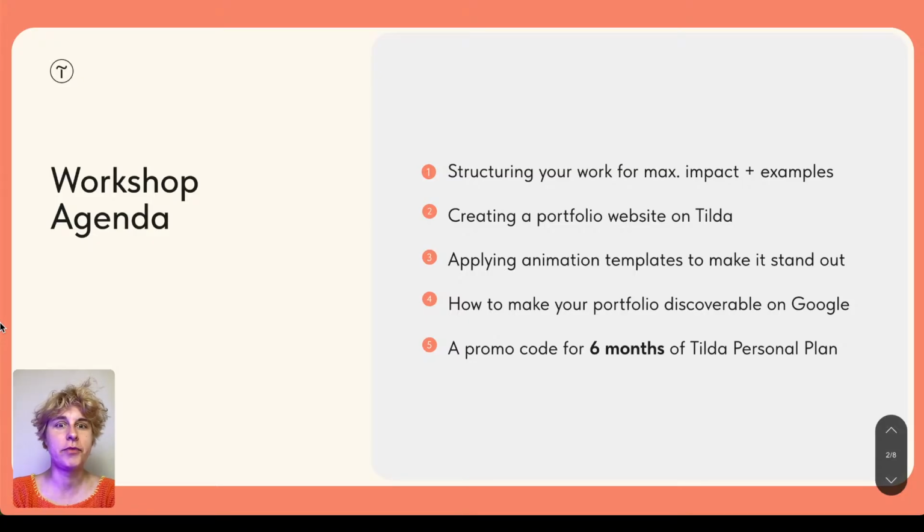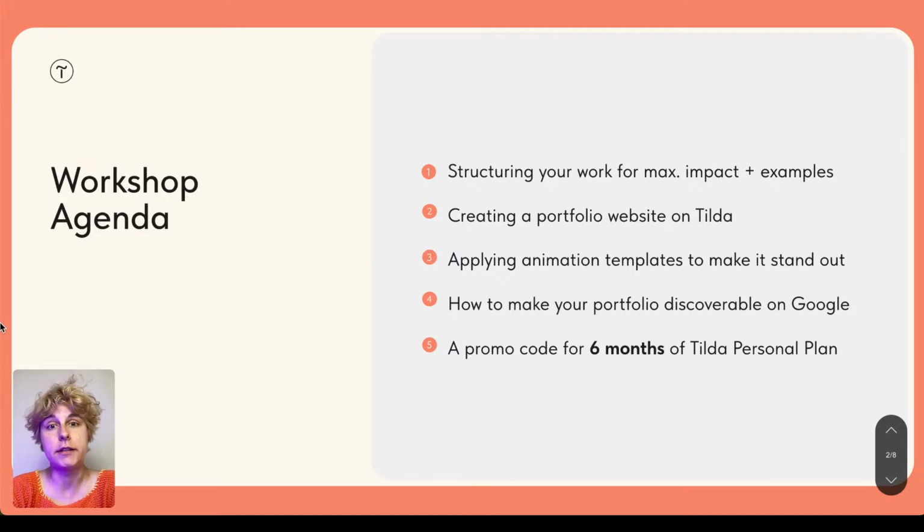You can apply artificial intelligence, which I will show you how you can use on Tilda, to assist you with creating your web presence. Most importantly, I'll show how to navigate Google search results, how to show up in them and be discoverable not only on social media but on Google as well, where a lot of potential clients are still searching, and not only Google but also ChatGPT and other AI search engines.